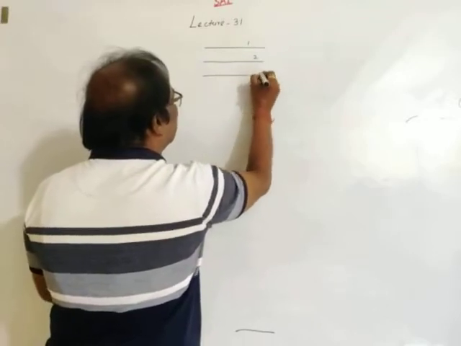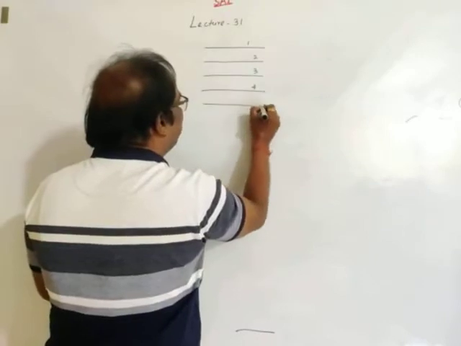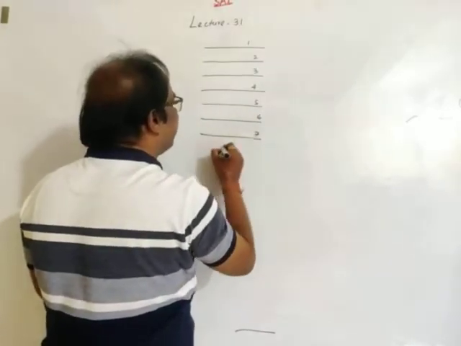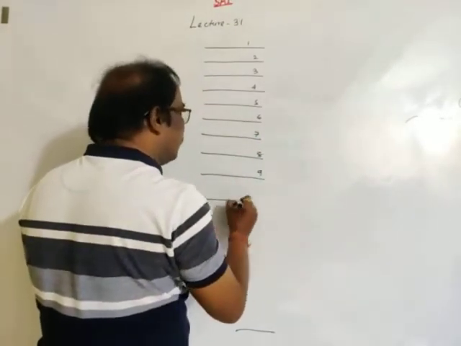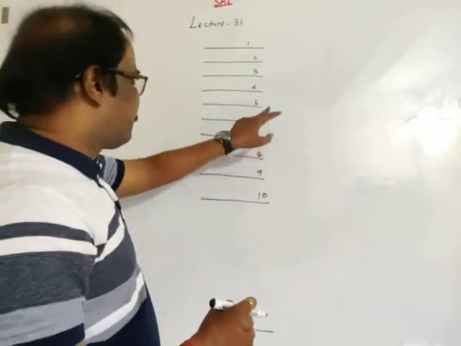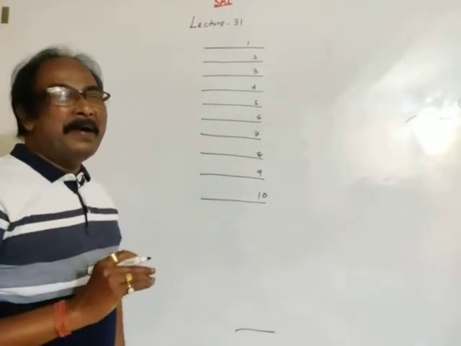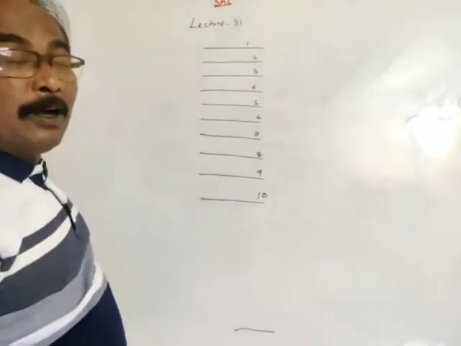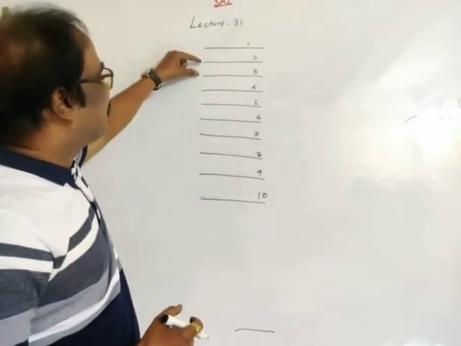This is plate number 3, then the fourth plate, fifth, sixth, seventh, eighth, ninth, and 10th plate. You may take the number of plates as you wish, more than 10, 20, 30, 40, whichever you like. We have taken 10 plates. All the plates have the same surface area A, and the separation between any two nearer plates is D.